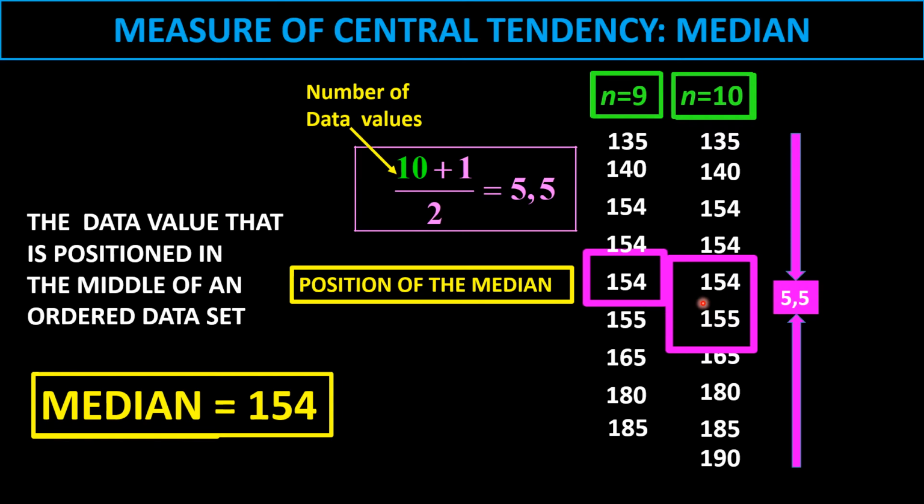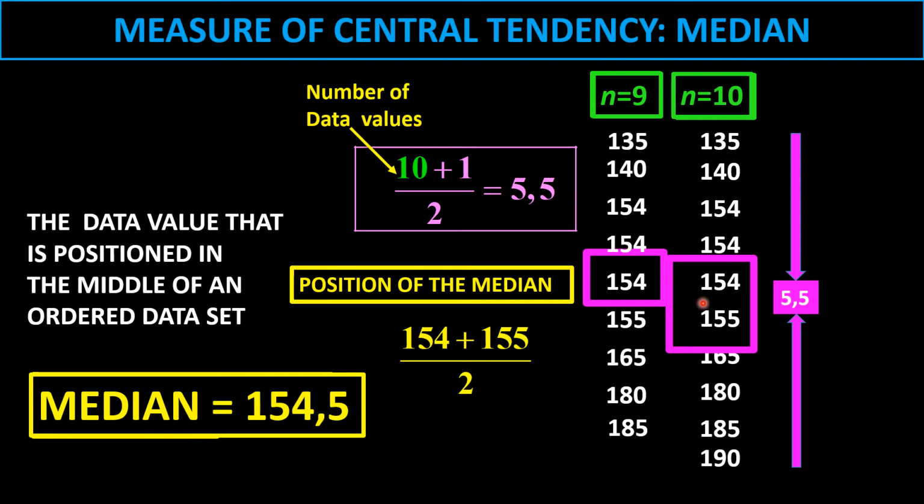So we just work out a simple arithmetic average there, which is 154 plus 155, divided by 2, which gives you a value of 154.5. Okay. So if we have an odd one, it's one of the data points.